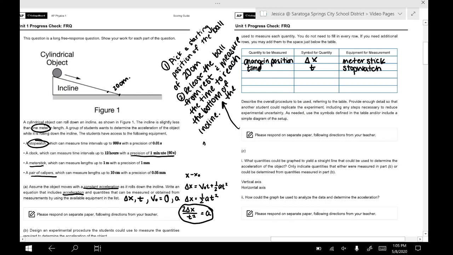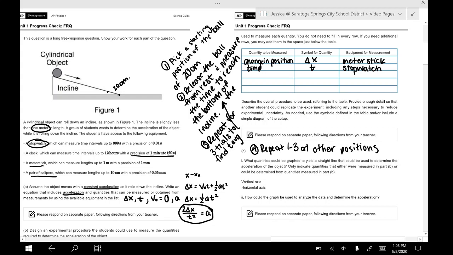Okay. Then we're going to repeat for 3 trials to find t average. So the average time it takes to get down. Okay. Then you're going to repeat steps 1 through 3 at other positions.